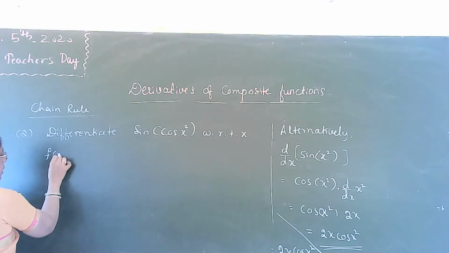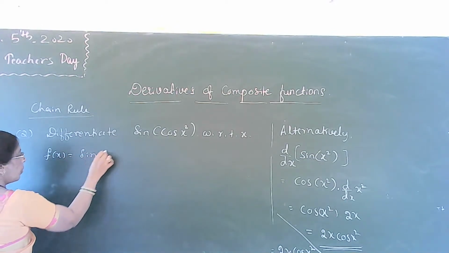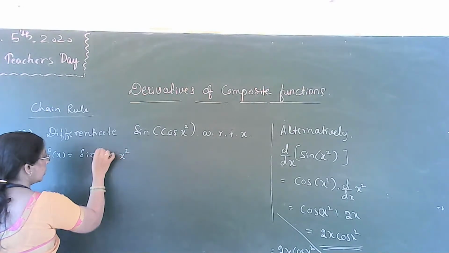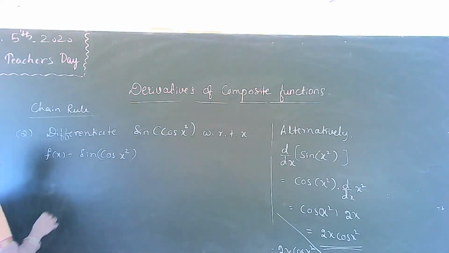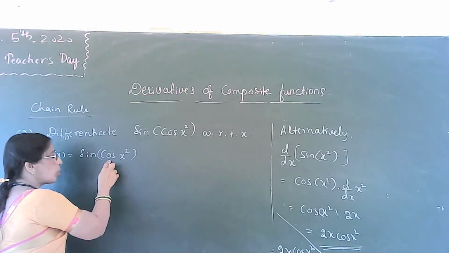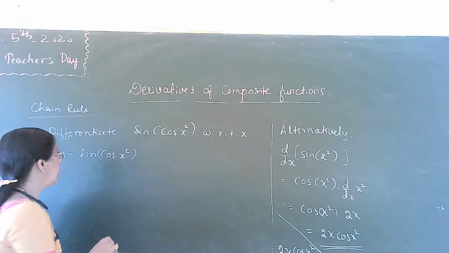Here, f of x is equal to sin of cos x square. There are three functions: sin of cos of x square.